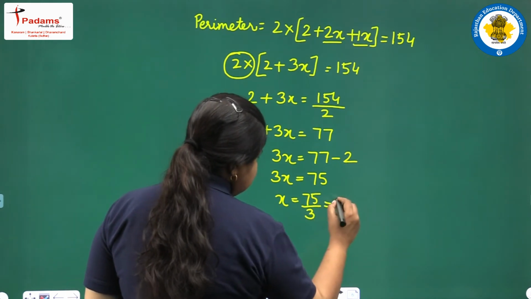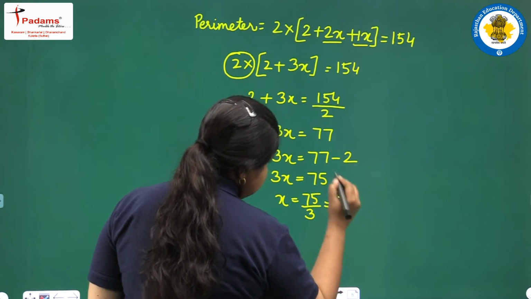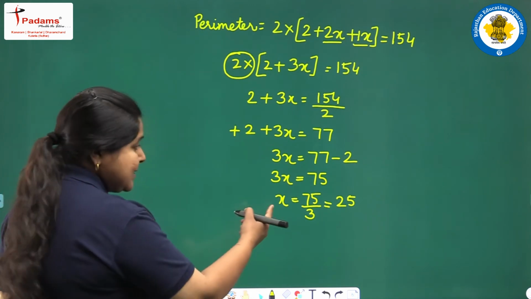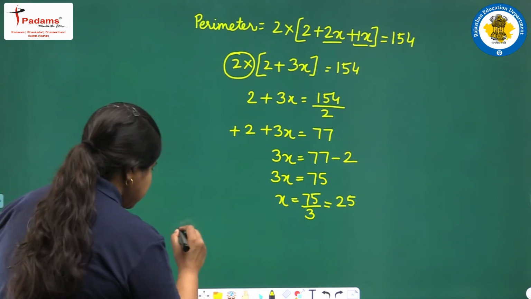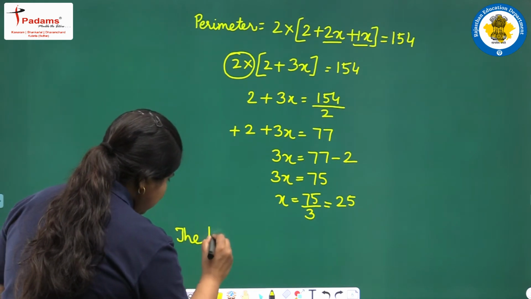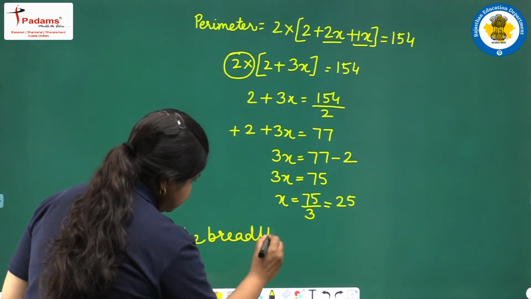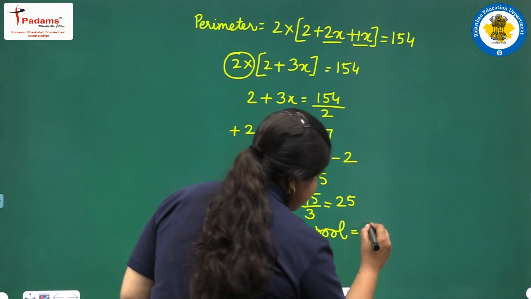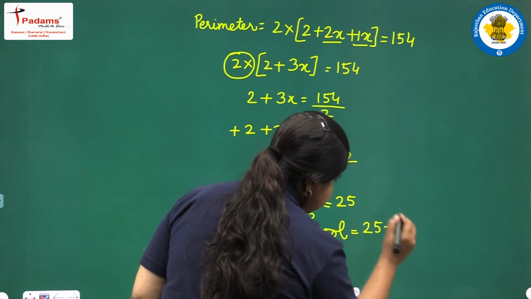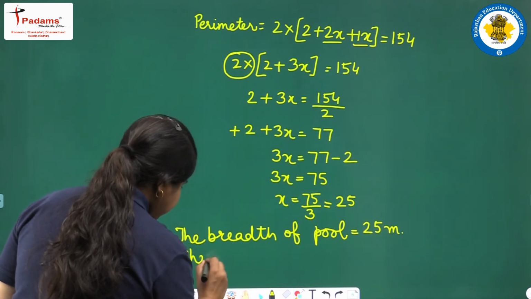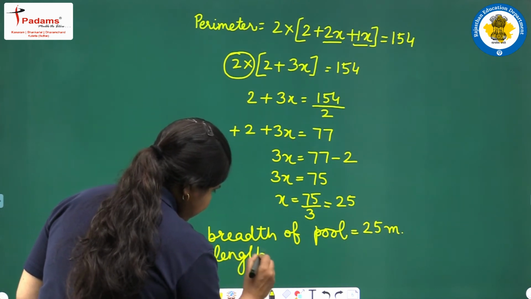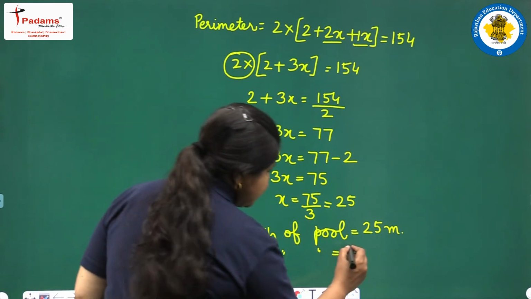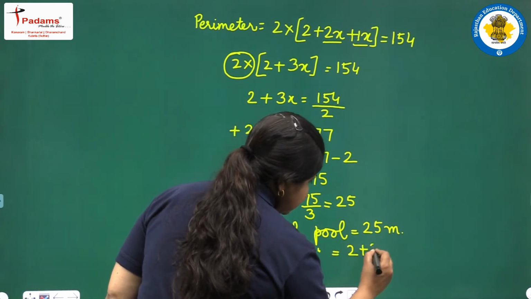Again on dividing, we will get 3 2s are 6 and 3 5s are 15. So, x has come out to be 25. This means the breadth of the pool is 25 meters. X was the breadth. So, the breadth of pool equal to 25 meters, and the length of pool equal to how much? 2 plus 2x.